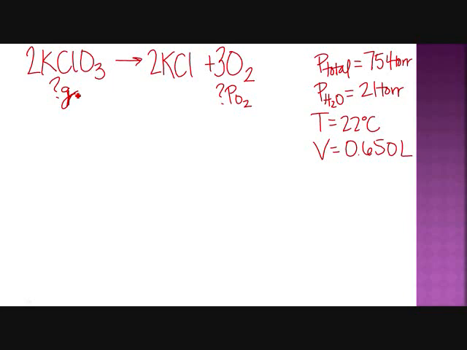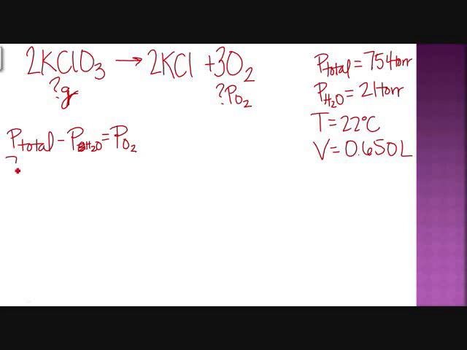So to find the PO2, we're just going to subtract total minus water. Okay? So that's the first thing. I know, right? We're just going to take P total minus the P water to find the pressure of oxygen, which is the first thing we need to solve for.